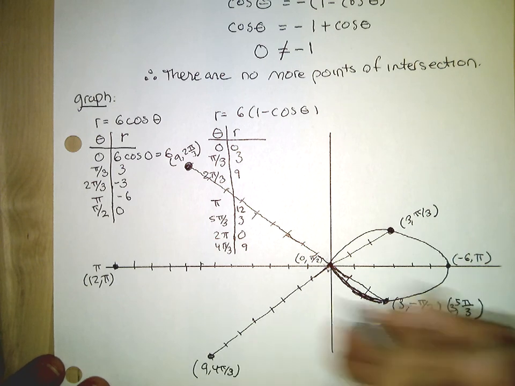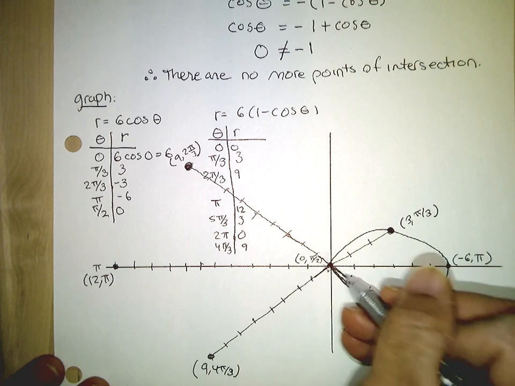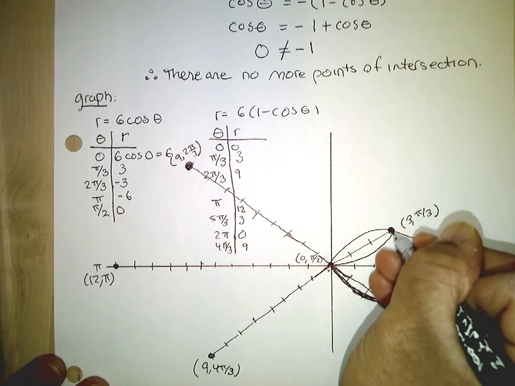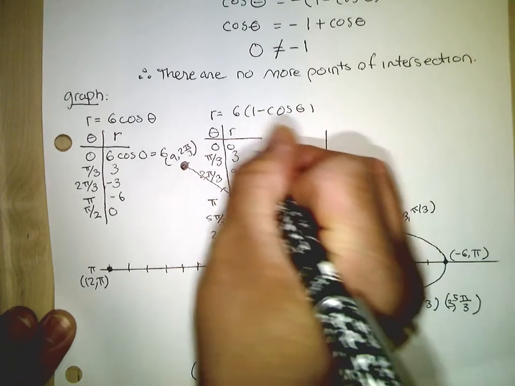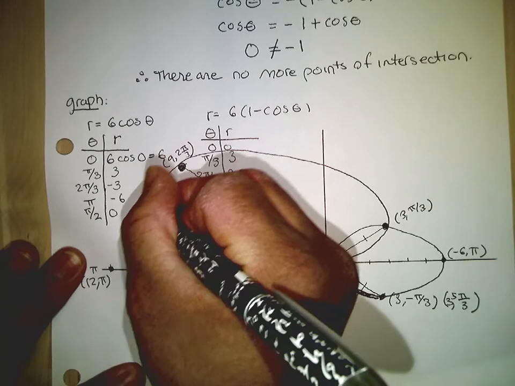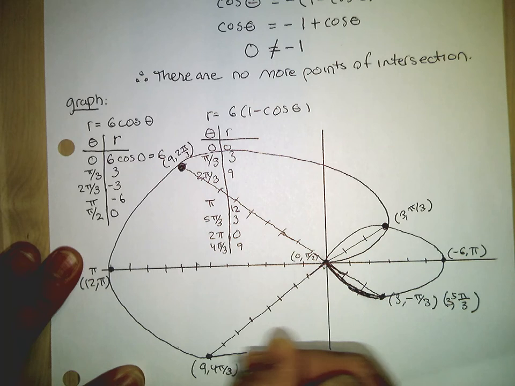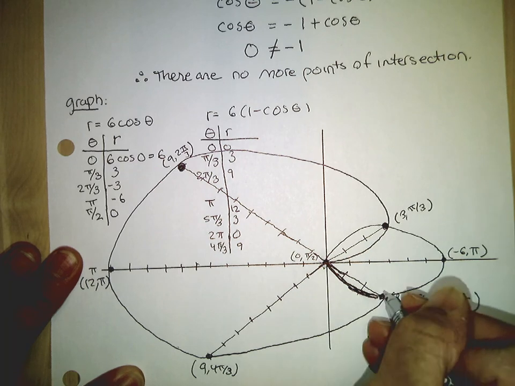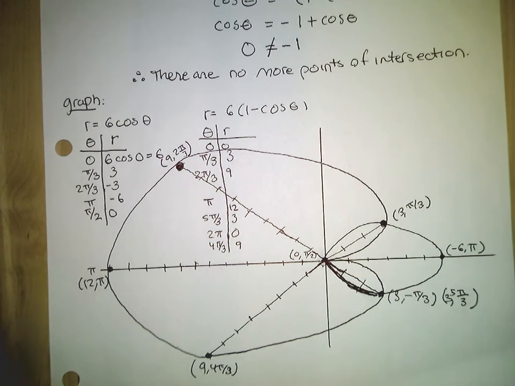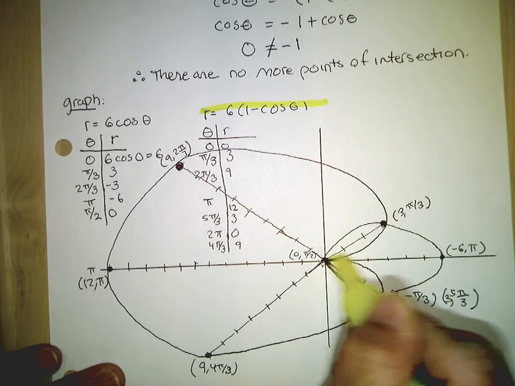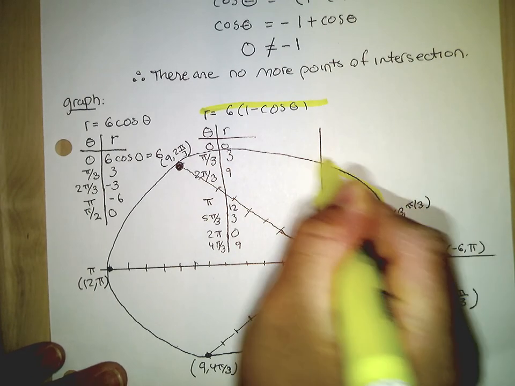We start at 0, 0, and then we'll say that we go over to this point, and then over here, and then over here, and then back, and then we'll loop back in like this. All right, so this curve I'm going to highlight in yellow so that you can see it a little bit better.